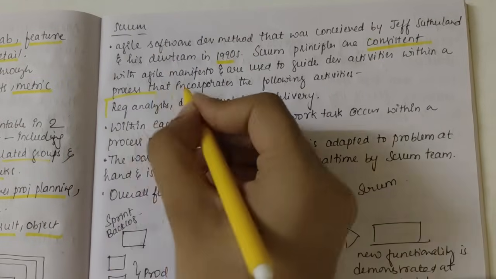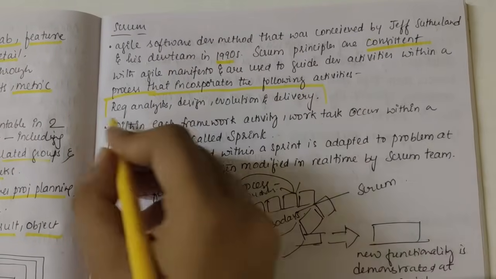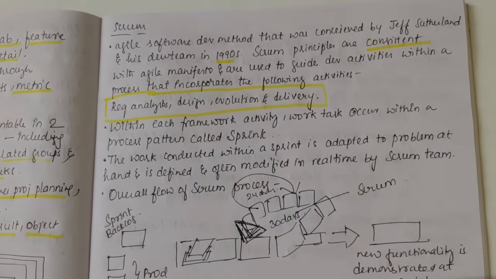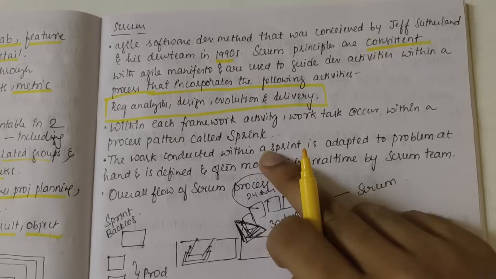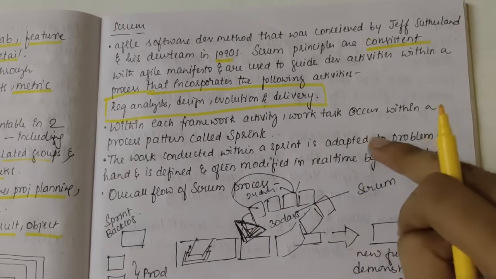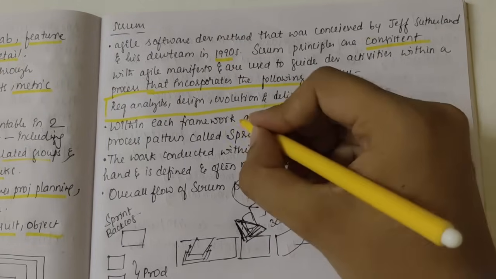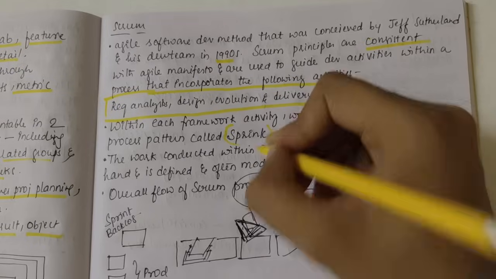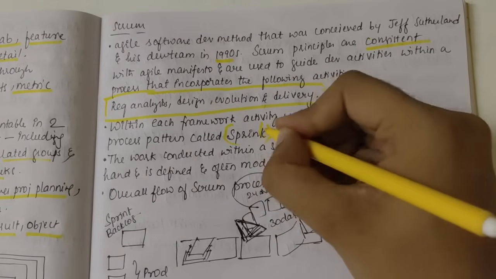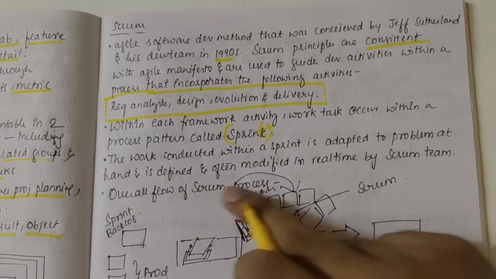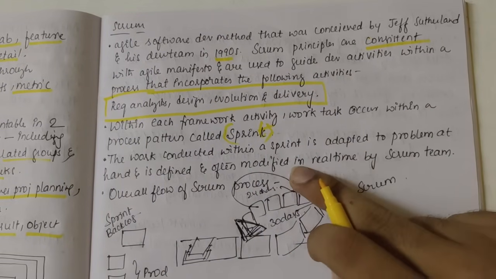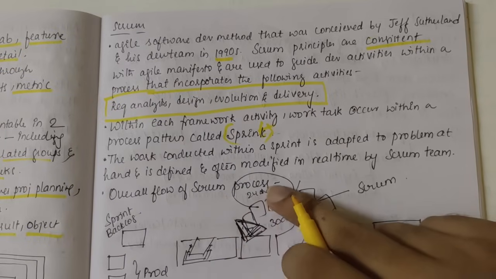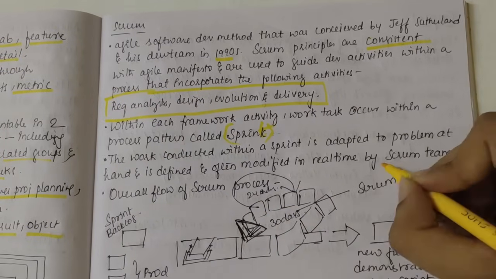Firstly we do the requirement analysis, then design, then evaluation, and then delivery. Within each framework activity, work tasks occurring within a process pattern are called a sprint. Okay, it's called a sprint. The work conducted within a sprint is adapted to the problem at hand and is defined and often modified in real time by the Scrum team.